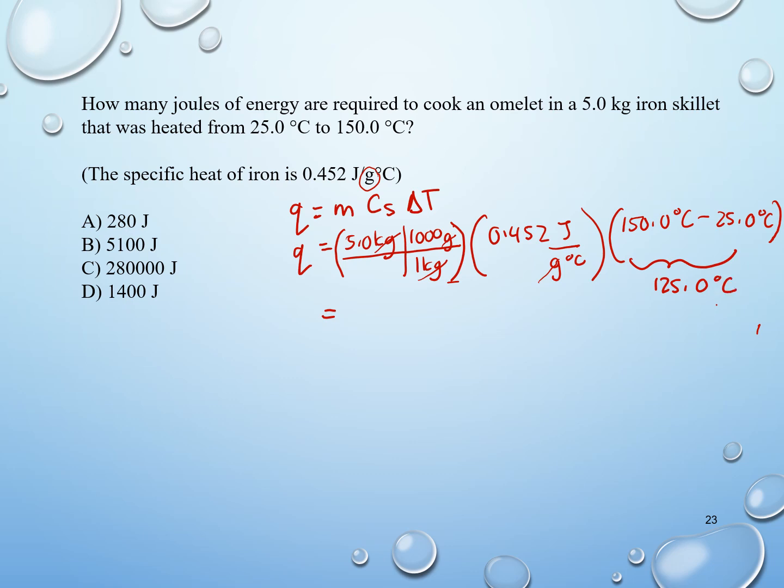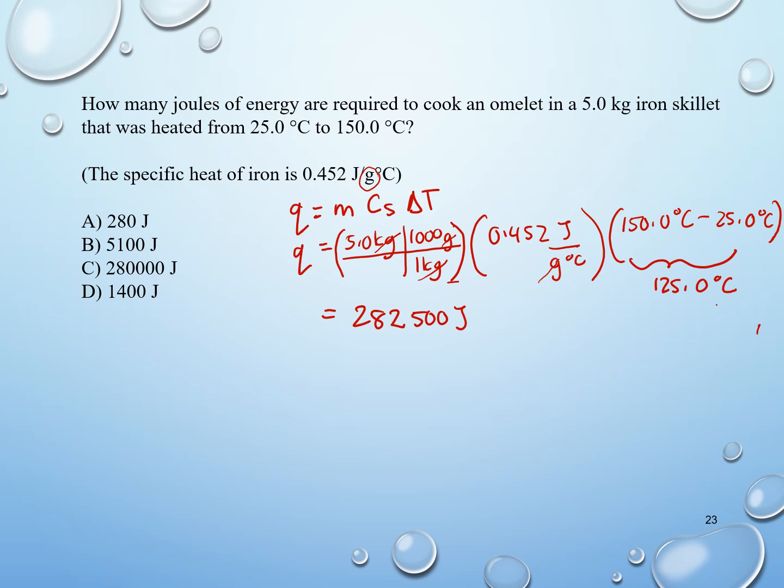Okay, you take 5.0 times 1000 times 0.452 times 125. You should get an answer that's really, really big in number. I'll write down all the numbers. It's 282,500 joules. Okay, so you see how I have 282,500 joules, and then I have my work here.